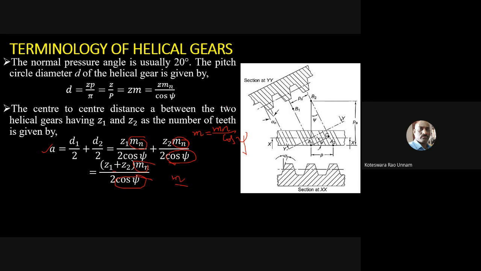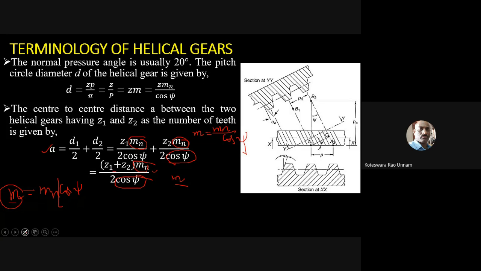That is the relation we derived in the earlier slide. There is a relation between m and mn, so m is equal to mn cos psi. So in this relation, if I replace this m here, I'll get mn by cos psi. That is the only thing.